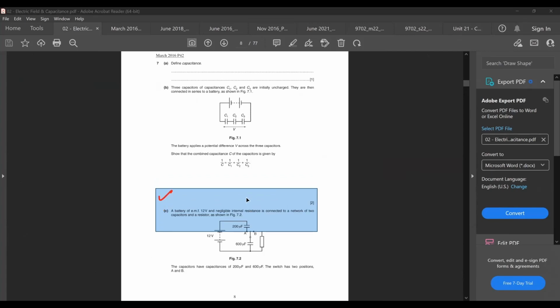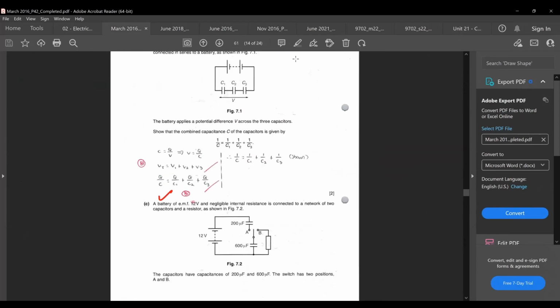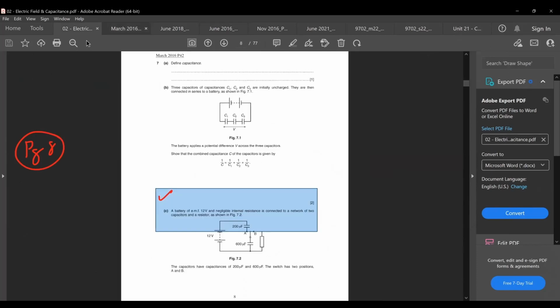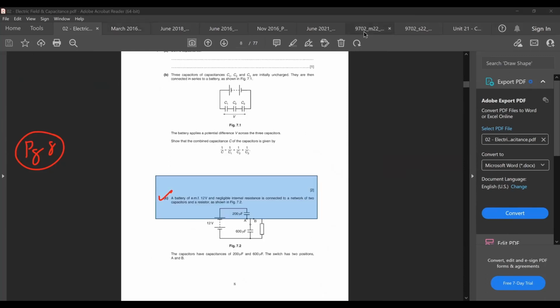Right, so part C, this is March 2016 P42. This one was page 8 of your worksheet, if I'm not mistaken. So if you look at C right now, what they mention is that you have a battery of EMF 12 volts and negligible internal resistance connected to a network of 2 capacitors and resistors as shown.